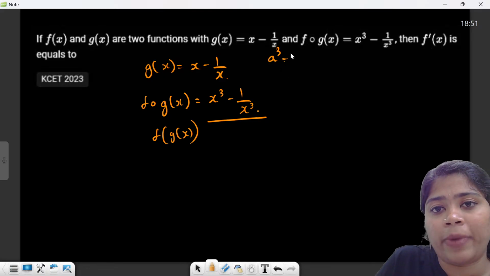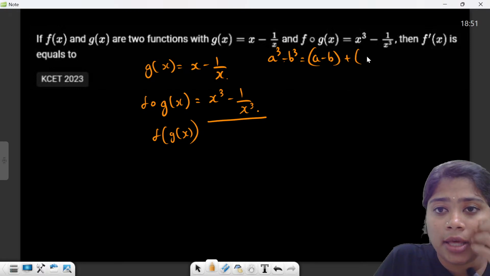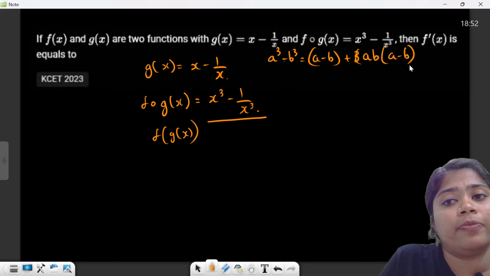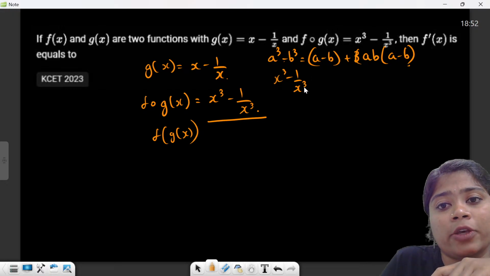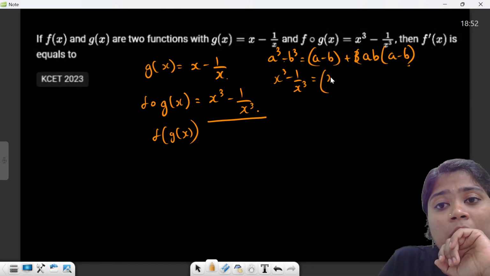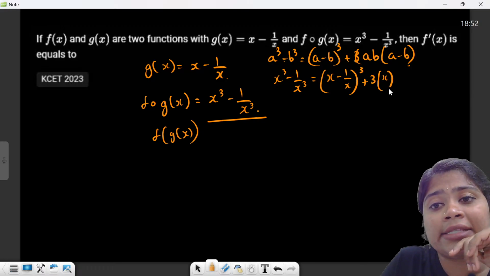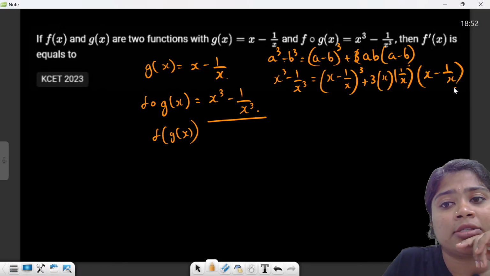So a cube minus b cube is equal to a minus b, the whole cube, plus 3 into a minus b. That formula I'm going to use. X cube minus 1 by x cube is equal to x minus 1 by x, the whole cube, plus 3 into x into 1 by x into x minus 1 by x.